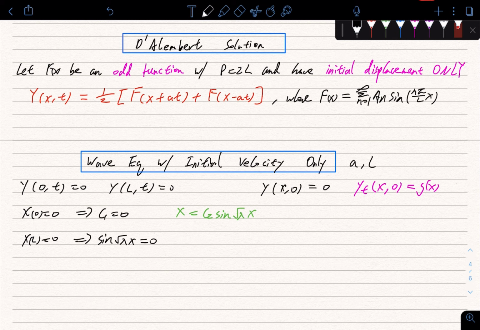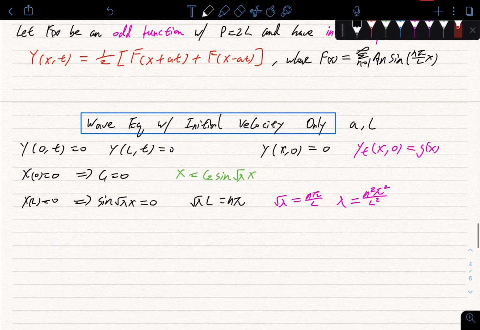So square root of lambda times L equals n pi, and that gives us square root of lambda equals n pi over L, and lambda equals n squared pi squared over L squared.